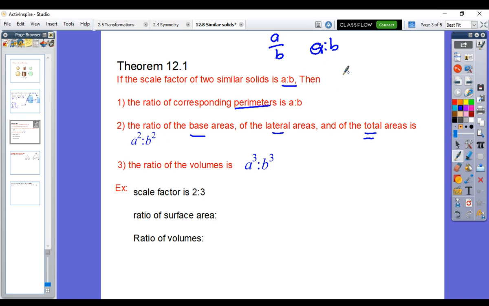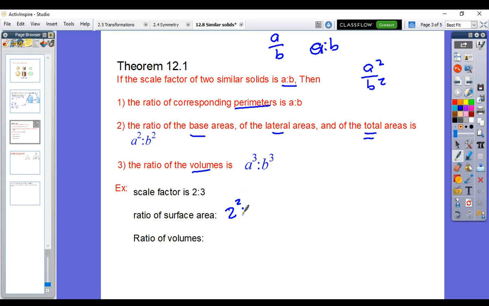So we take our normal scale factor, a to b, and we square those. And then when we're doing volume, because volume is three-dimensional, we do a cubed, b cubed. So you've got to cube your scale factor. For example, let's say our scale factor is 2 to 3. If we were going to set up a proportion for surface area, we take our scale factor and we square them.